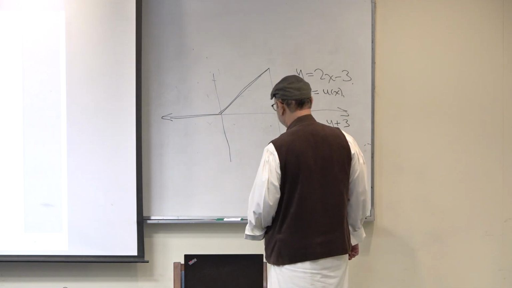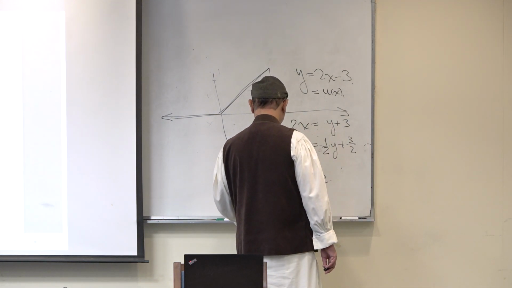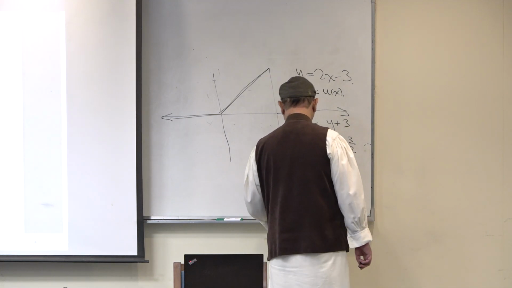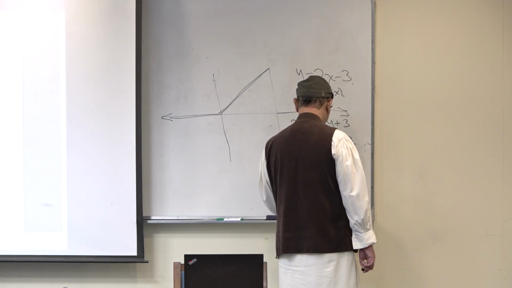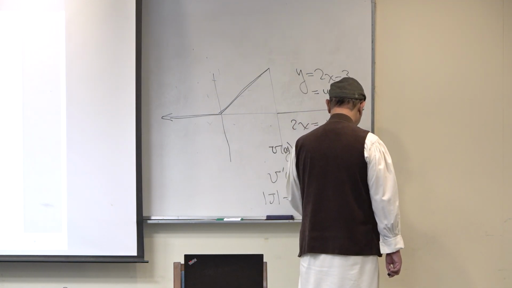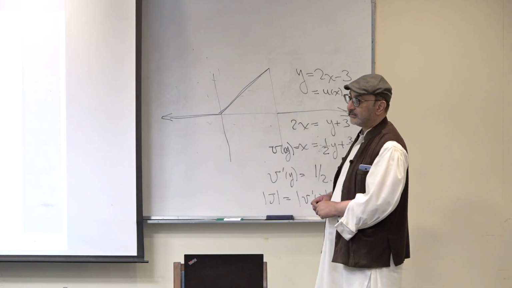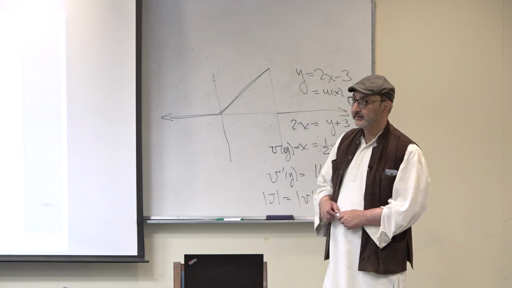Okay, so the magnitude of the Jacobian, sorry, the absolute value of the Jacobian is the absolute value of v prime of y. The absolute value of 1/2 is 1/2. Is that okay?